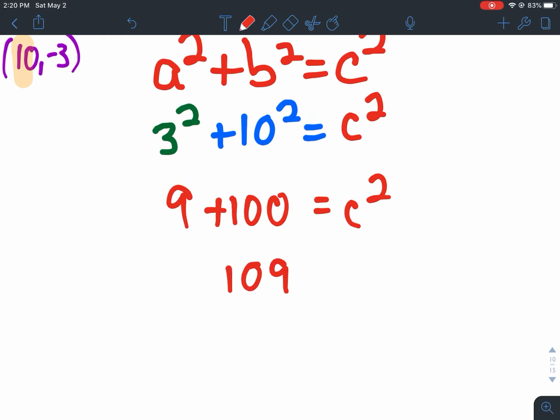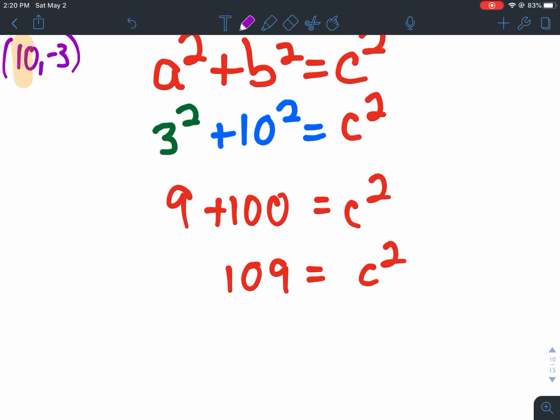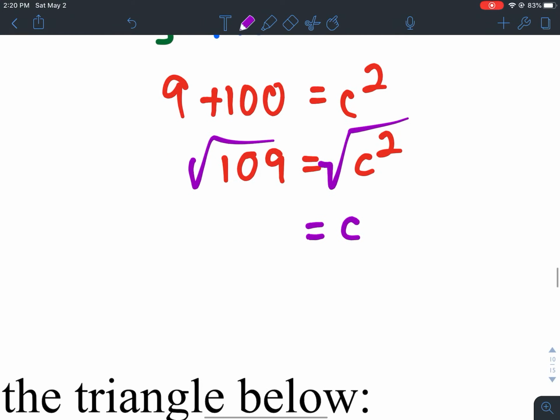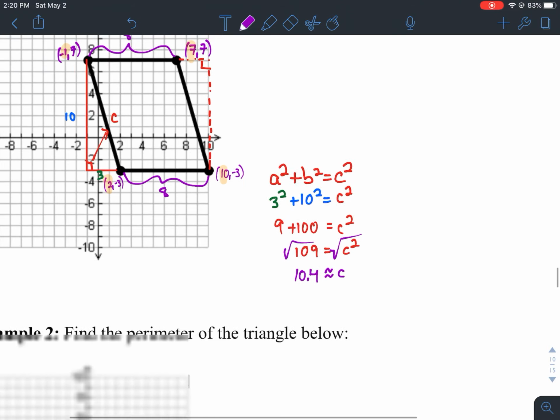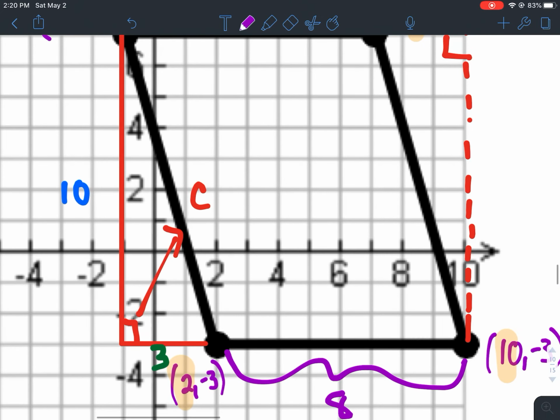That's 109 equals c squared. And again, if you recall, to get c by itself, you have to square root both sides. So c ends up being roughly about 10.4 units. So that is our distance for c, 10.4 units, about.